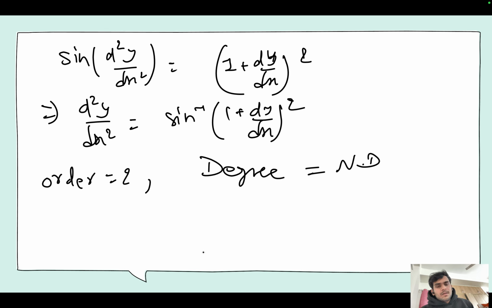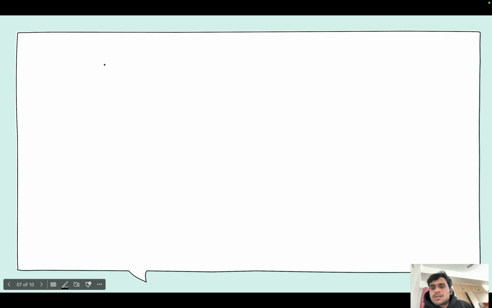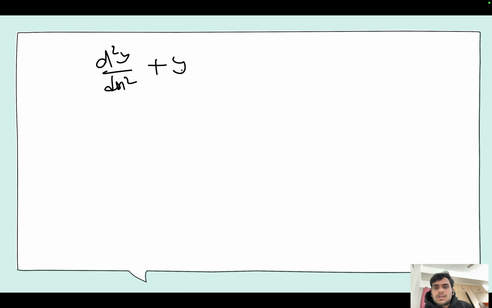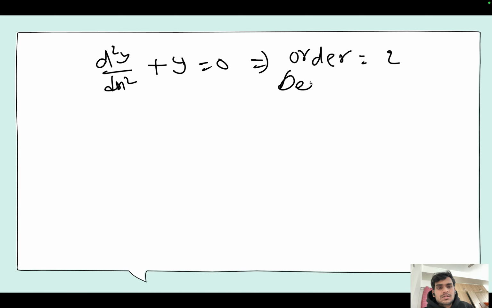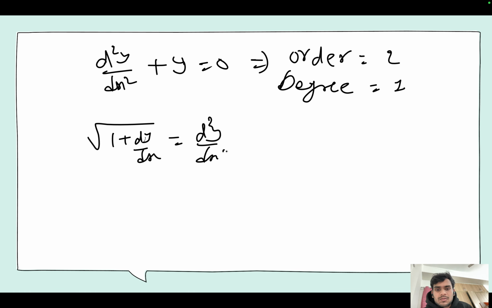Now, taking another example like d2y by dx2 plus y is equal to 0. Can you tell me the order and degree of this differential equation? Yes, order is 2, degree is 1. Now 1 plus dy by dx is equal to the square root of d2y by dx2.